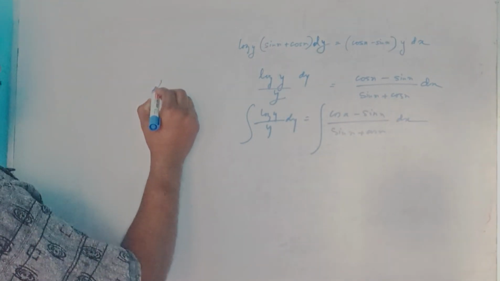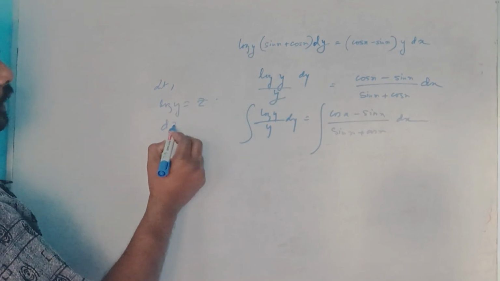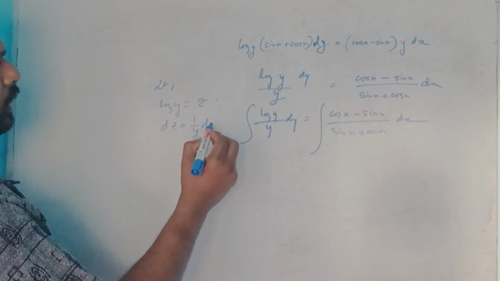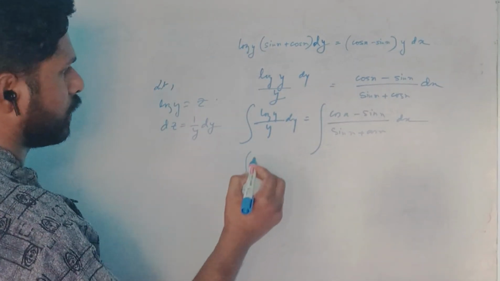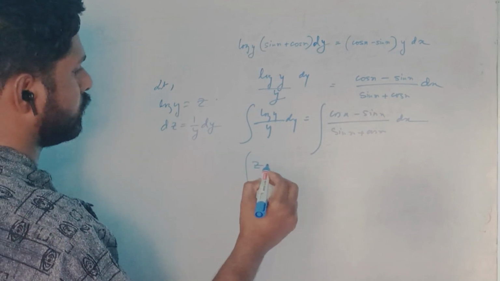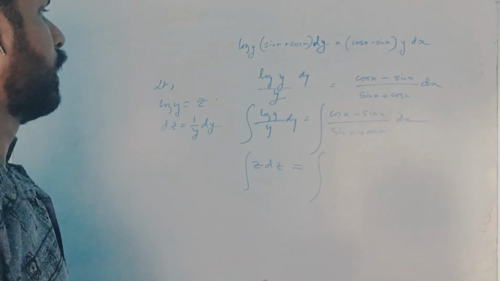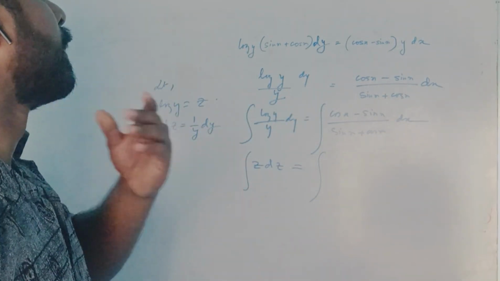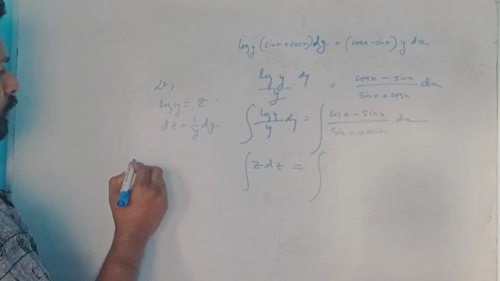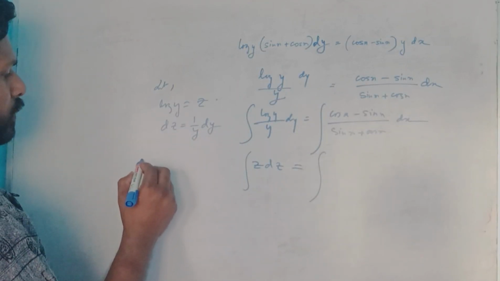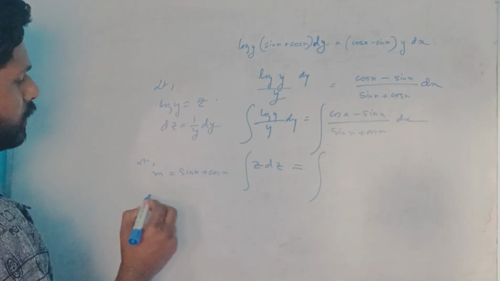So let log y equals z. Then dz equals 1 by y dy, so the left side becomes z dz, right? And for the next, let m equals sin x plus cos x.